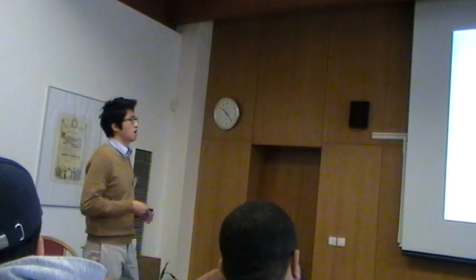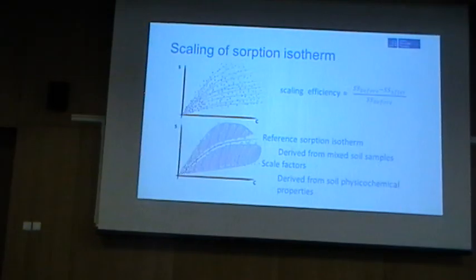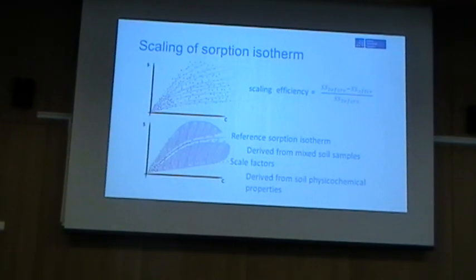If the measured sorption isotherm is comparable with the after-scaled average isotherm, it can be used as the reference sorption isotherm. So the function of scale factors is no longer limited to describing spatial variability, and can now be extended to predict the sorption behavior in soil.